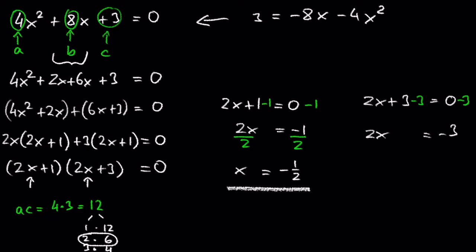And after dividing by 2 on both sides, we get x equals negative 3 over 2. So our solutions for this problem are negative 1 over 2 and negative 3 over 2, which we found out by factoring with the AC method.